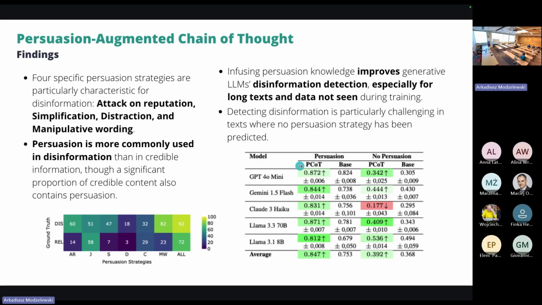So we divided the dataset into 3 subsets. The first one was where at least one persuasion strategy was detected, and the second one was where no persuasion strategy was detected. And it seems that when persuasion appears in disinformation, it's easier to detect it. But PCOT improves in both of these subsets.